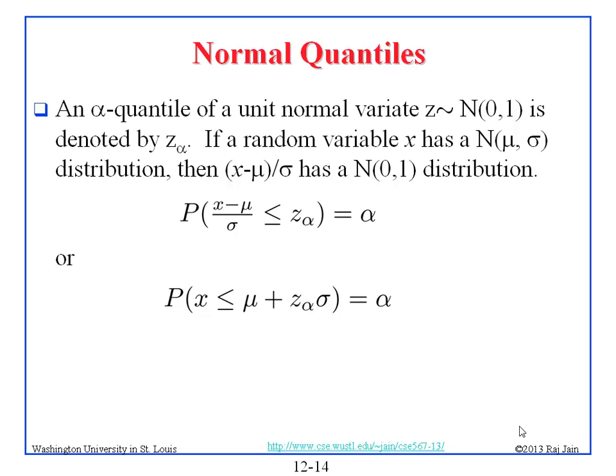Right now you may not, but 1.96 is the 0.95th quantile of normal 0, 1. But if you don't have normal 0, 1, and you have some other mean and some other standard deviation, then all you have to do is take the mean plus 1.96 times the standard deviation, and for that variable, the probability is 95%.